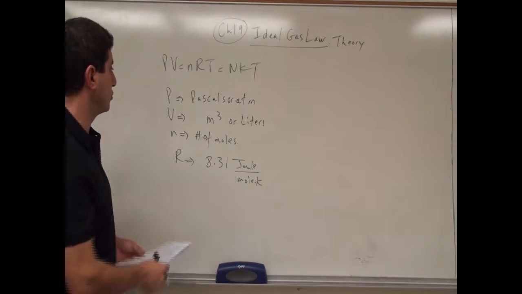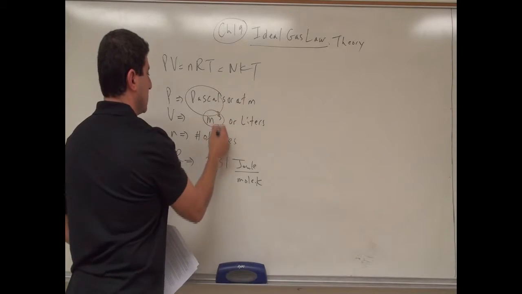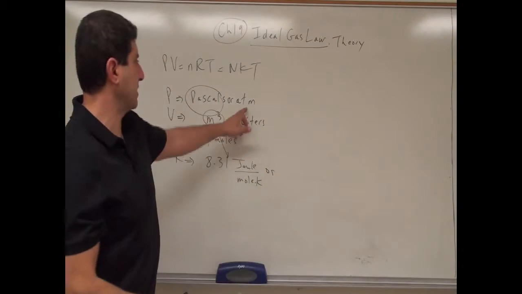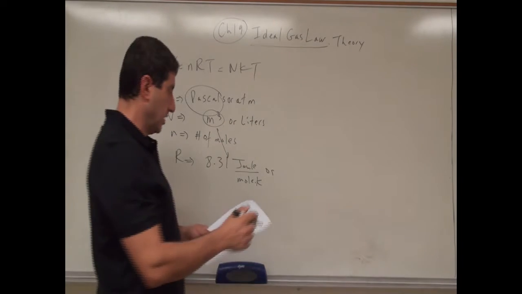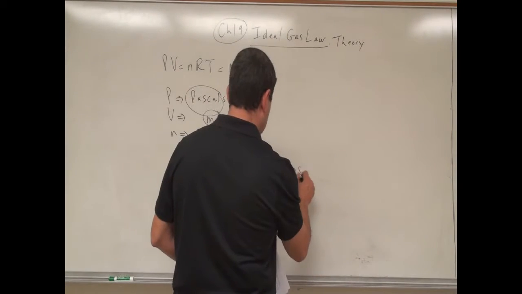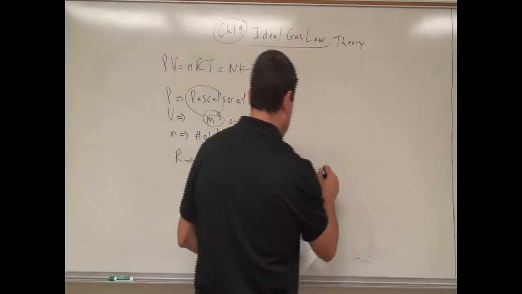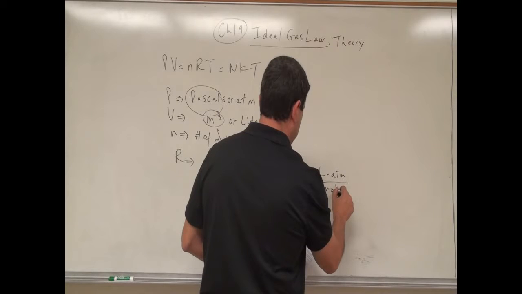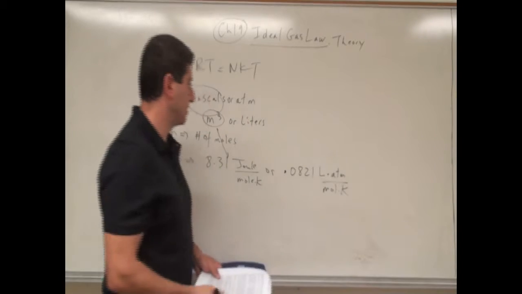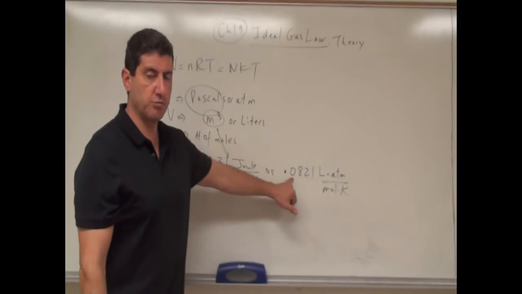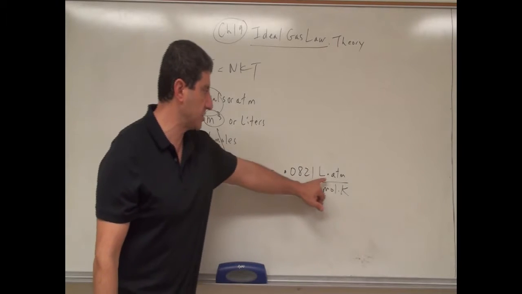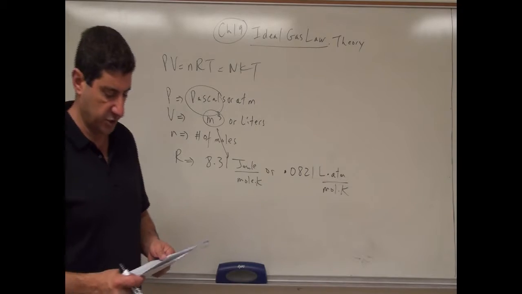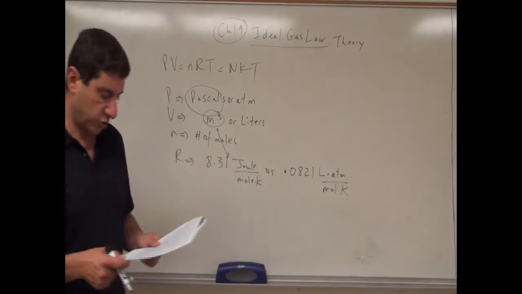If you're using the atmospheres and the liters, you use 0.0821 liter times atmosphere over mole Kelvin. Usually the liter atmosphere mole Kelvin unit is more often used in chemistry, and 8.31 joule per mole Kelvin is used more often in physics, right?